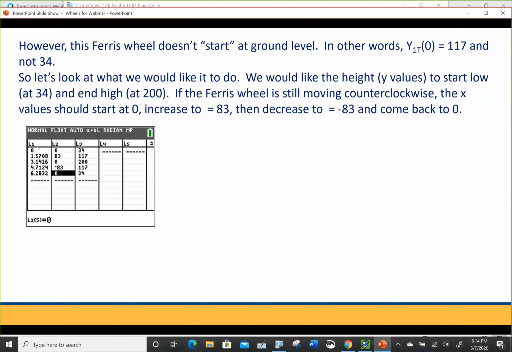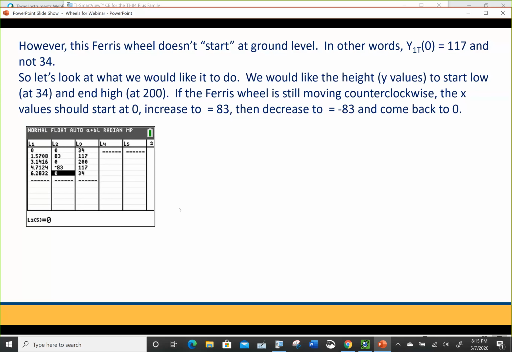And in my list 1, I put the points of the angle that correspond to the axes. So in other words, this is 0, this is pi over 2, this is pi, 3 pi over 2, and 2 pi. And I wanted the x's to start at 0, move to the right 83, go back to 0, move to the left negative 83, and then end up at 0.